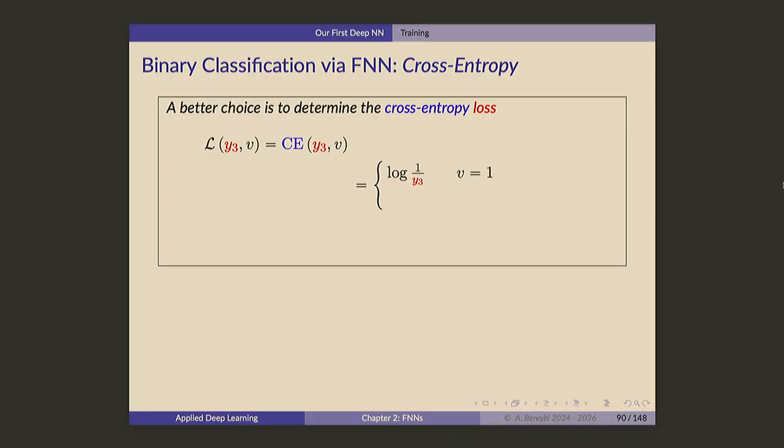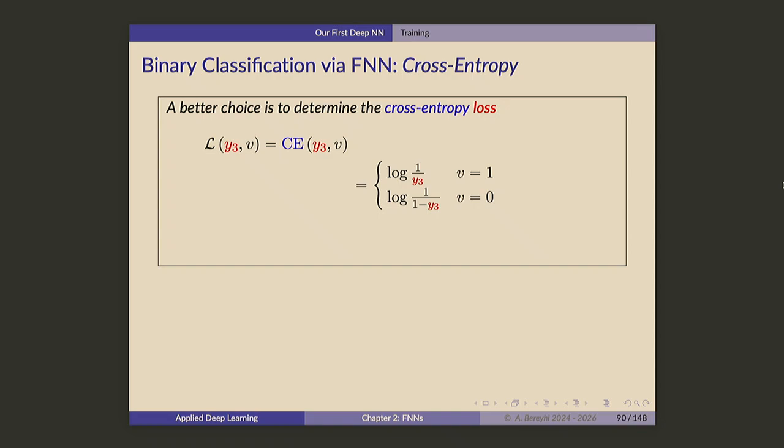Now, what if v equals 0? Look at this term, 1 over 1 minus y3. If v equals 0, I want y3 to be close to 0. So my loss should be small when I am close to 0.